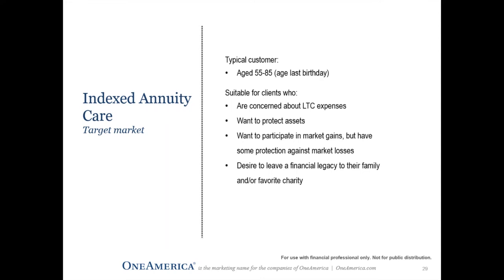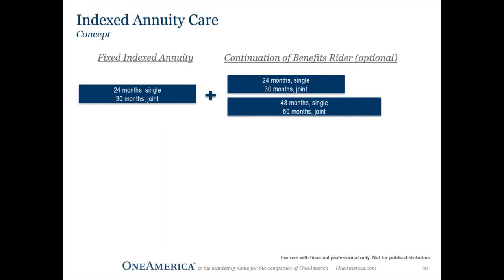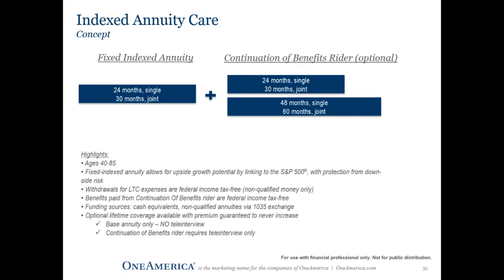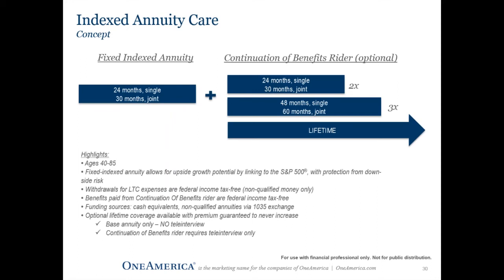Now, here is the same concept slide that we saw on annuity care 2, but here it is on index annuity care. Now, here's what I want you to understand. Do you see this big plus sign in the middle of our slide? I'm sure that you do. Here's the major difference between annuity 2 and index annuity care. It's how we fund this rider.